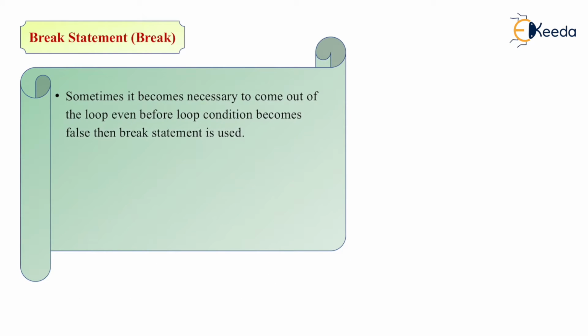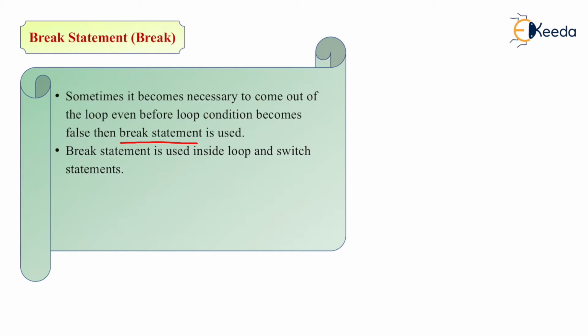Next important statement is the break statement. Sometimes it becomes necessary to come out of the loop even before the loop condition becomes false. Then the break statement is used.